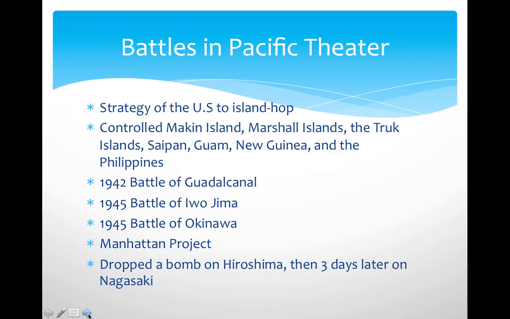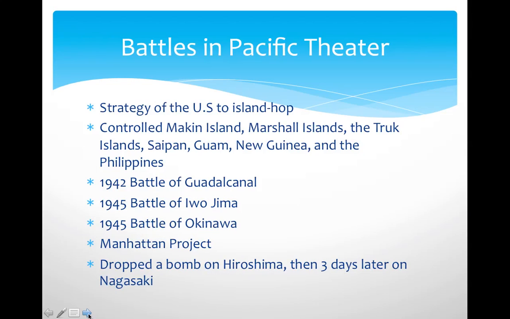And we have the Manhattan Project. Again, the Manhattan Project is led by probably one of the most notable physicists, Albert Einstein. The Manhattan Project is done throughout huge research centers throughout the United States, most notably Los Alamos, New Mexico, and led by the director J. Robert Oppenheimer.